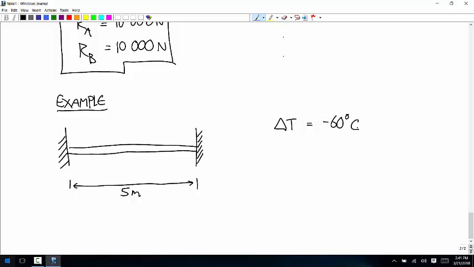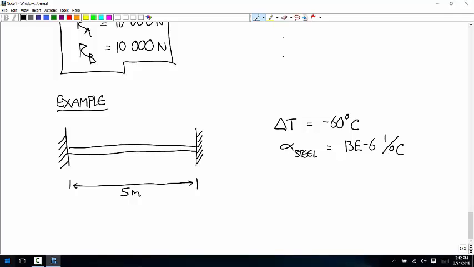I don't remember what steel's coefficient of expansion is. Okay, great. Okay, so alpha for steel is 13 times 10 to the minus 6. Yep, 1 over degree Celsius.